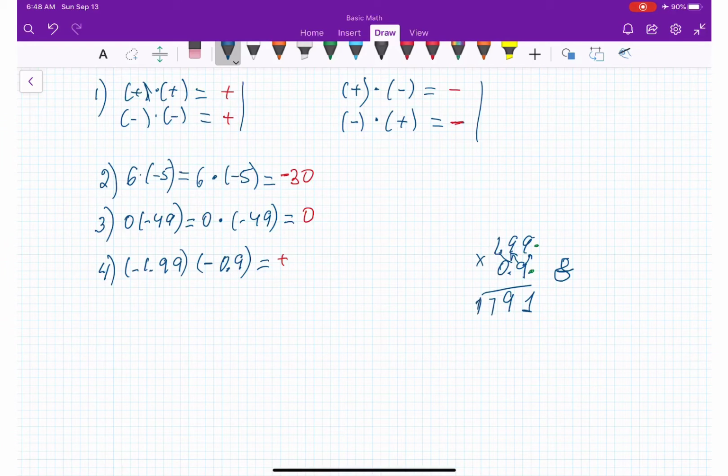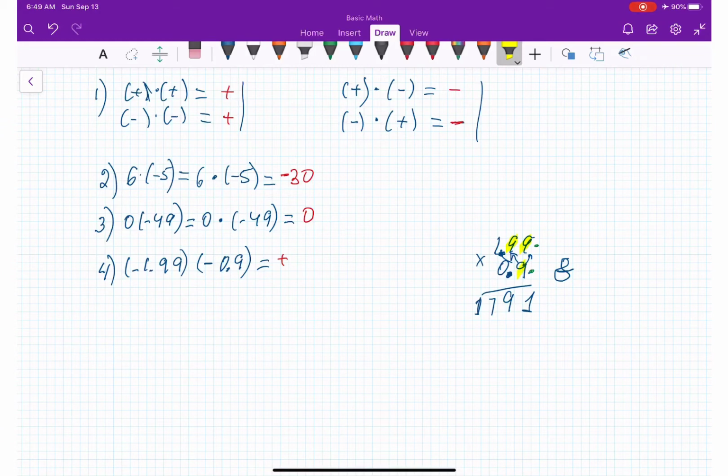Now, we are counting total decimal notations. Since I marked down a lot of things here, you can see we have here 1, 2. How many decimals do we have? 1, 2, and here total 3, right?